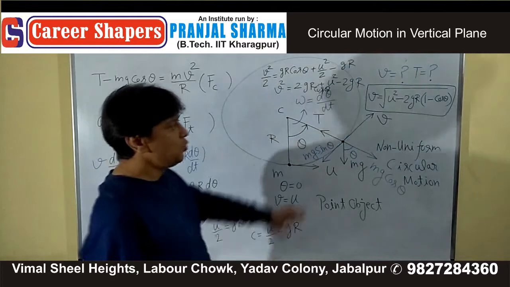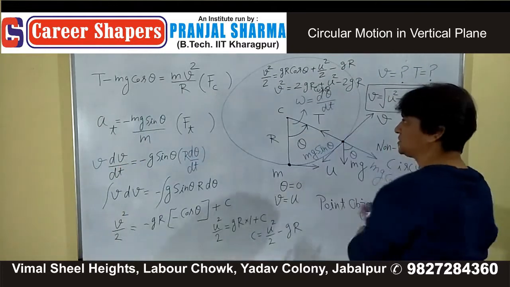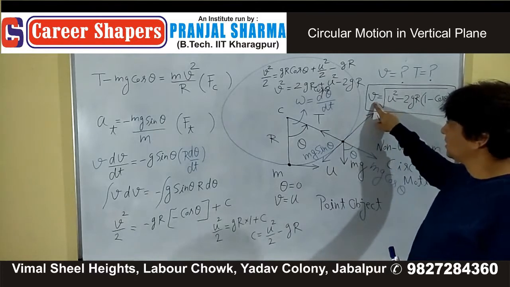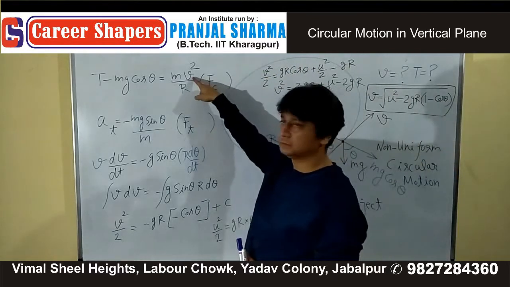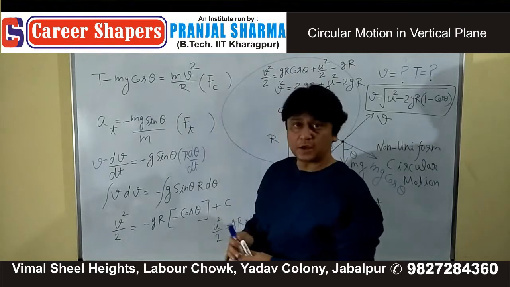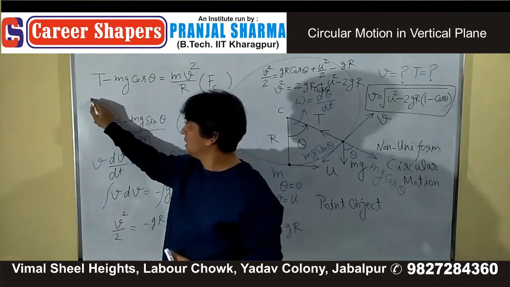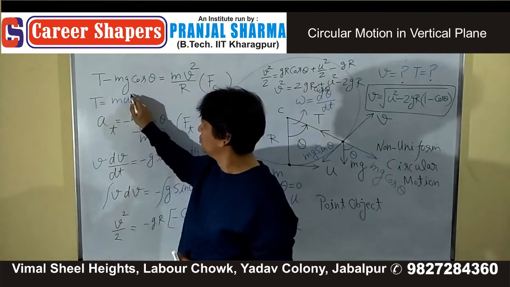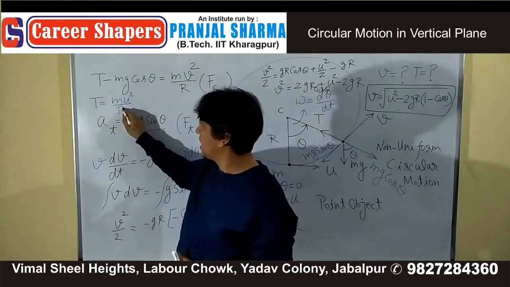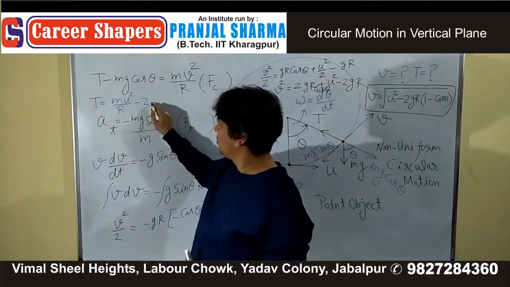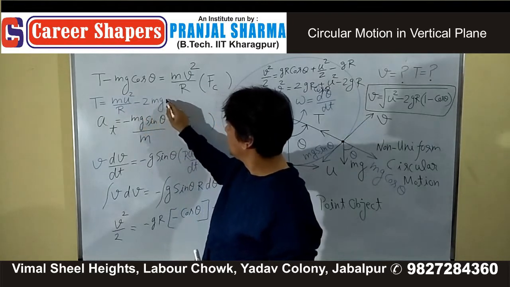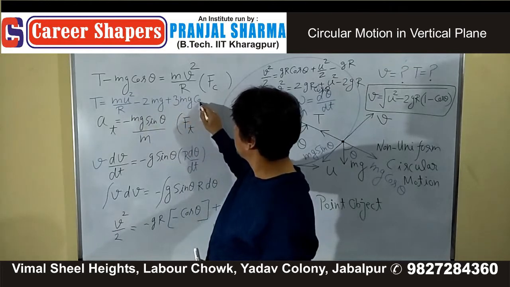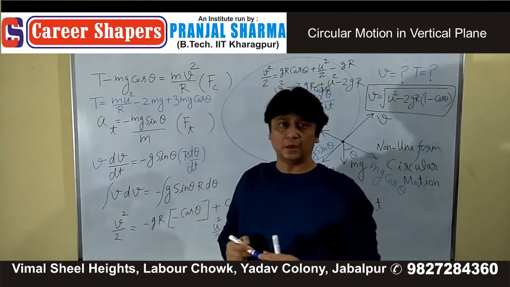Now, we'll develop a second method for this equation, but if you put this v in this equation right here, then you will get tension force as m u square divided by r minus 2mg plus 3mg cos theta.